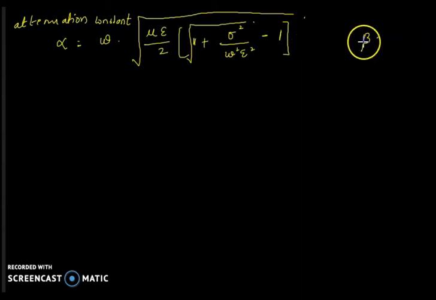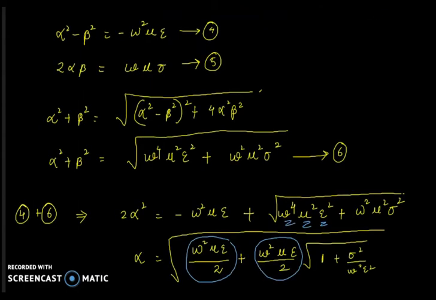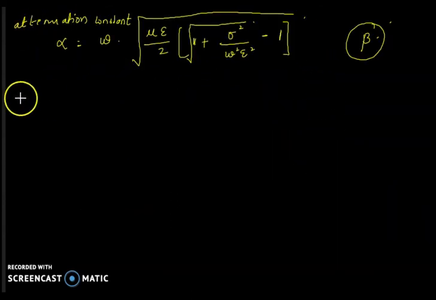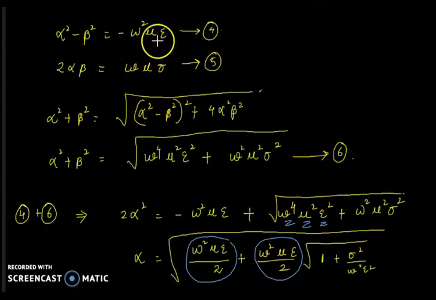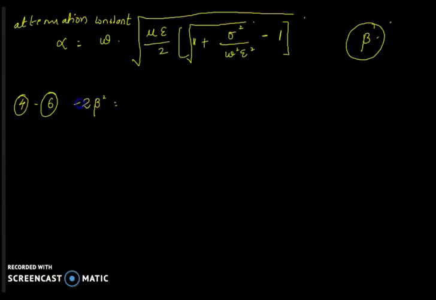And now, in a similar way, we can find the expression of beta. So if you look at equation number 4 and equation number 6, you subtract 4 minus 6, you will get 2 beta square. So 4 minus 6, this becomes minus 2 beta square.